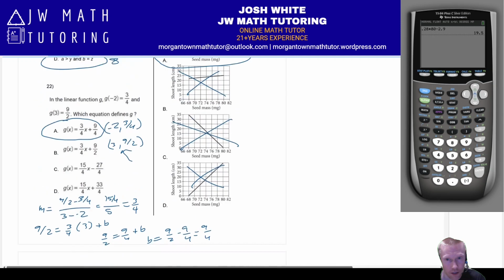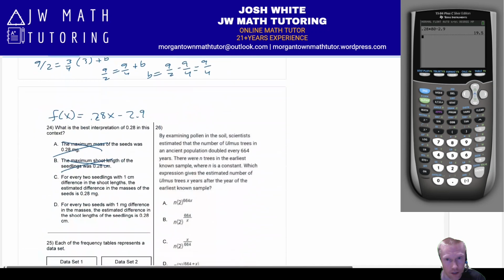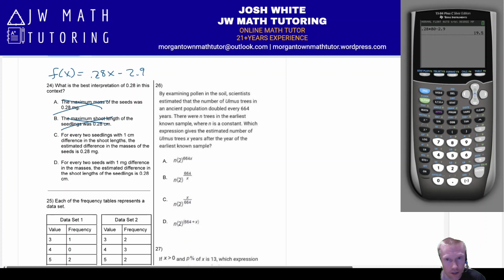So here's where you need to go back and look at the function. The function f models the length, known as shoot length. So in other words, f, or y, whatever you want to call it, is the shoot length, and x represents the mass. That means for the slope, the interpretation is that a 1 unit change in x, or a 1 unit change in the mass, since they told us x was mass, will result in this change in the y value.